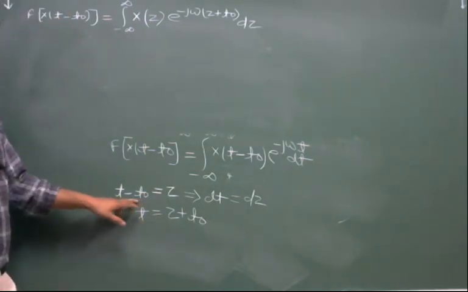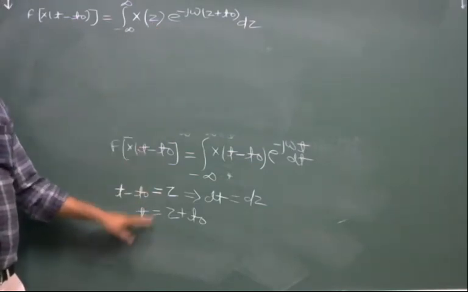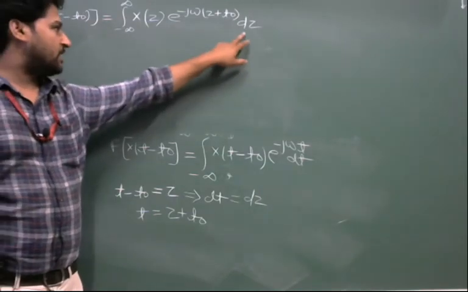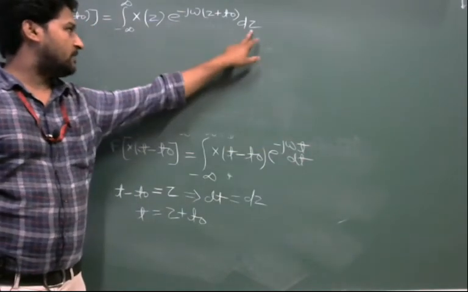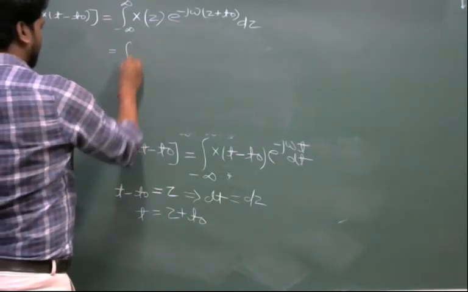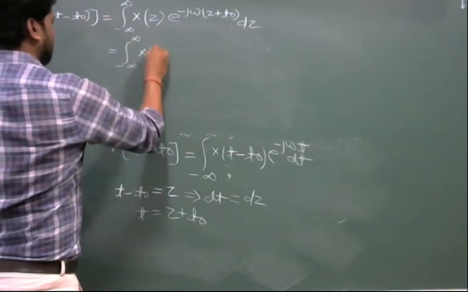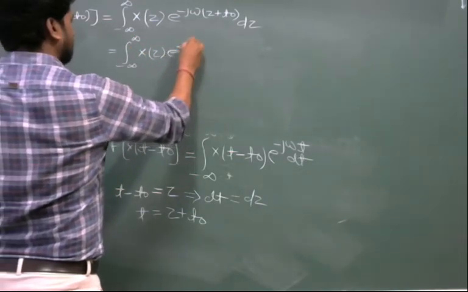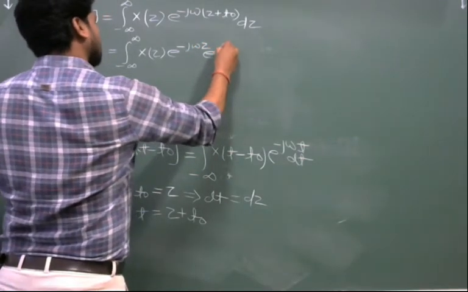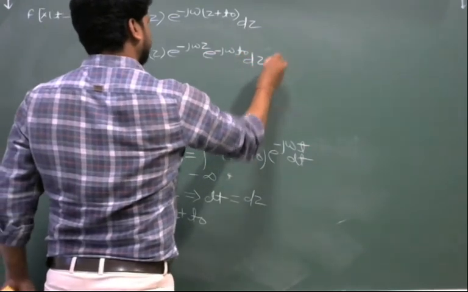In place of t minus t naught, it is z here. In place of t this will become z plus t naught, and in place of dt here this will become dz. Now simplify this further. This can be written as x of z e power minus j omega z into e power minus j omega t naught dz.